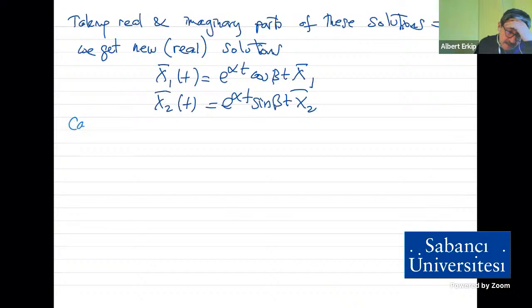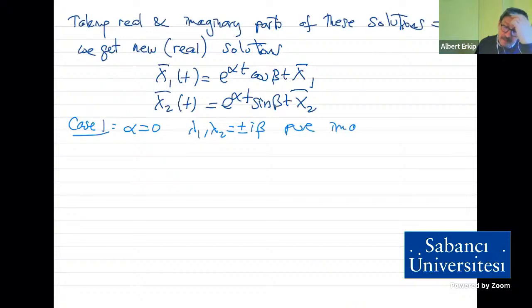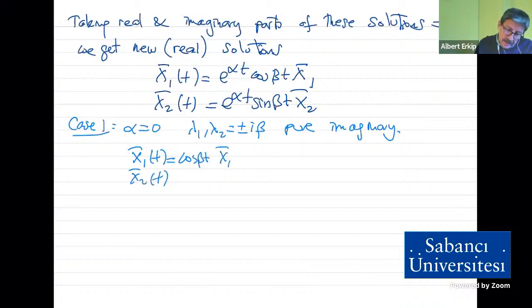Now, case 1. If alpha is 0, so lambda 1, lambda 2 are plus or minus I beta, pure imaginary. My curve is x1 bar of t equals cos beta t times x1 bar, and x2 bar of t equals sine beta t times x2 bar.